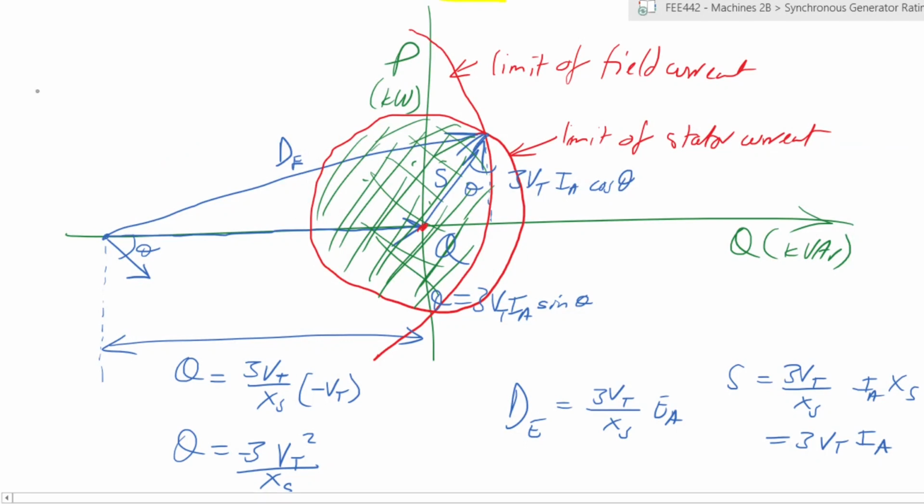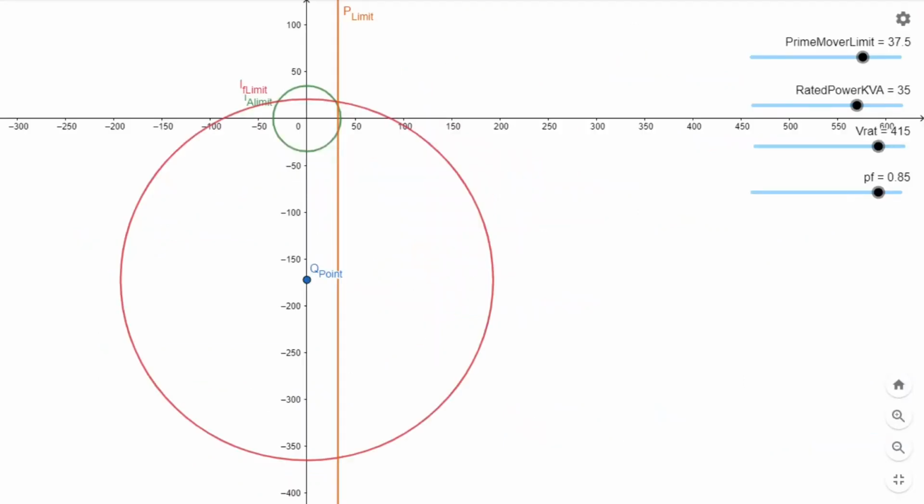So it represents that point, that radius, Q point. That is the center of the circle that represents the limit of field current. So if we cut back to that, all right, this Q point is the one we are talking about as the center of the limit of field current. The locus of the circle indicated is where we are.